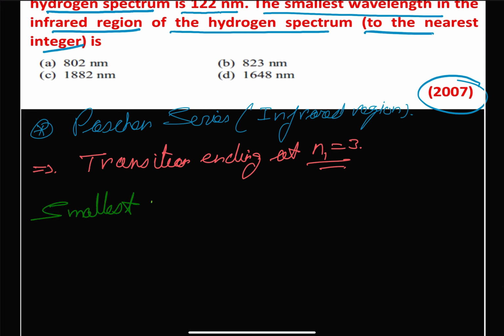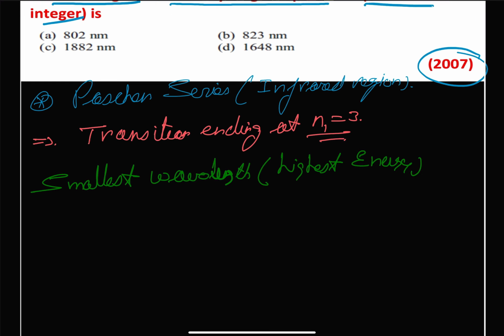Smallest wavelength, which basically means highest energy, is the transition from n2, which is infinity, to our n1, which we just defined as 3.